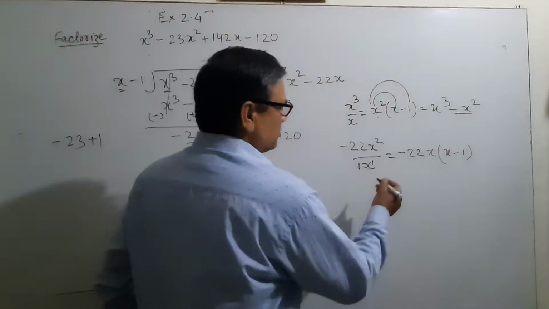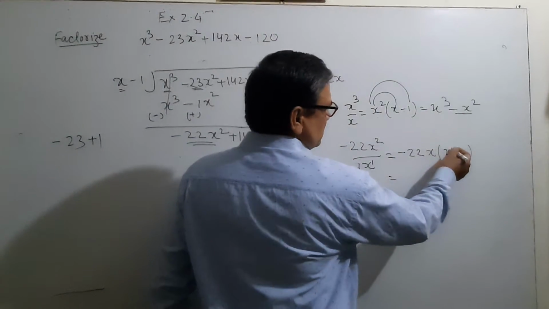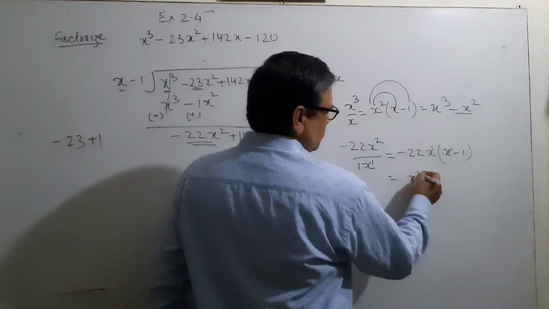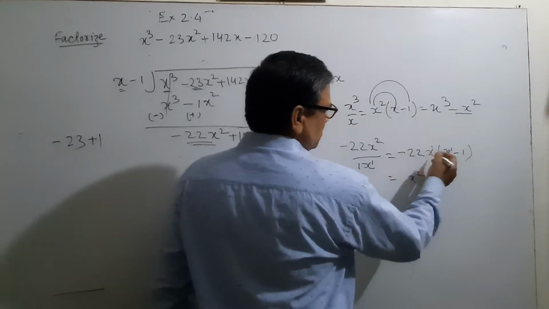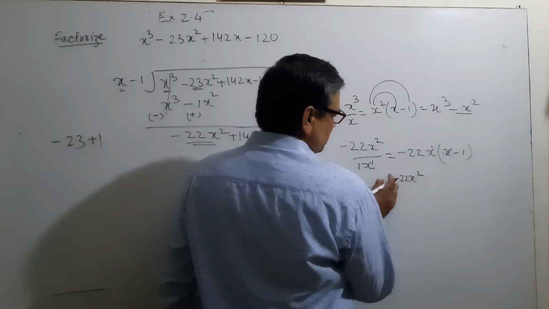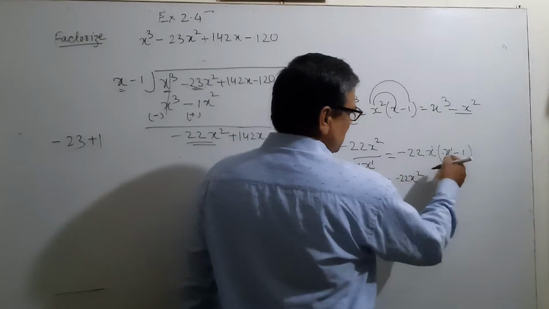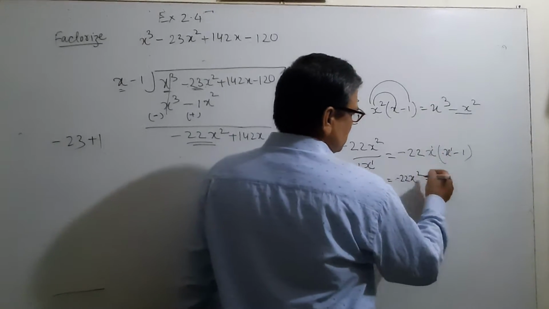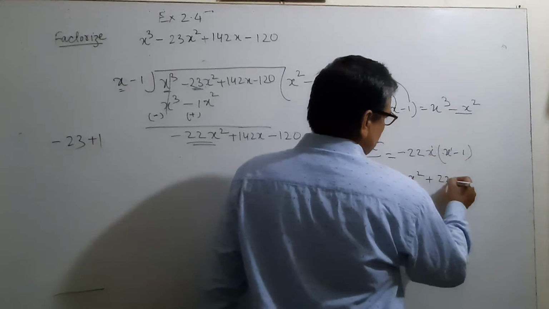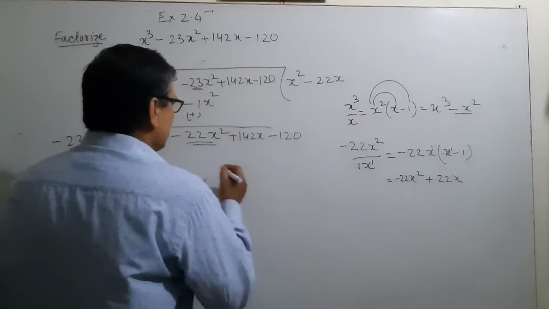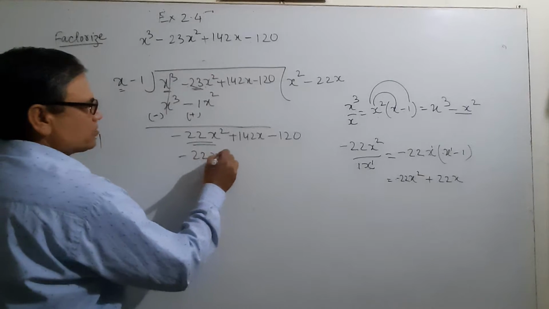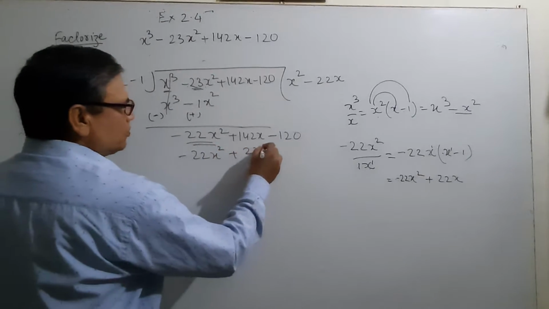And now minus 22x into x is minus 22 x square, minus 22x into minus 1 is plus 22x. So minus 22 x square plus 22x.